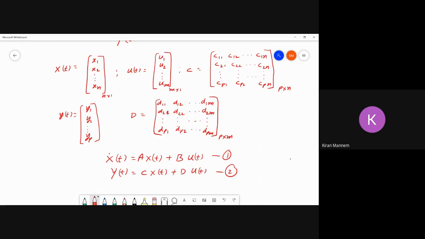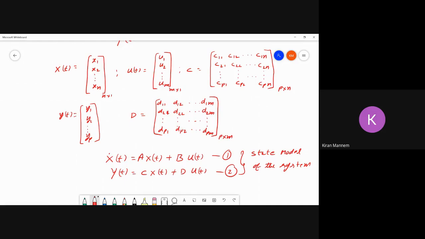Right? So these two equations are the state model of the system.